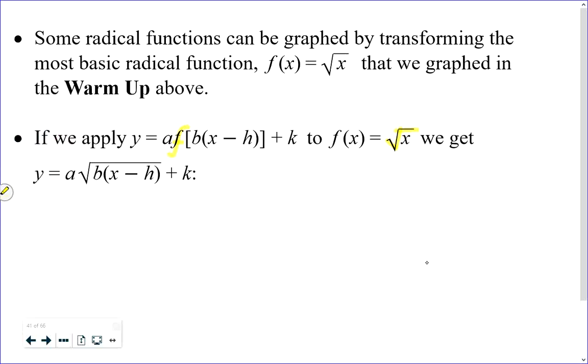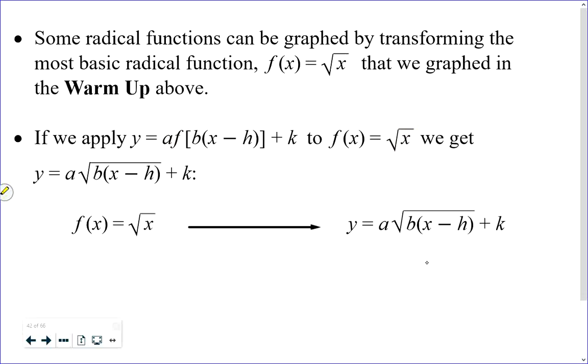The function is square rooting. So if I have f of b bracket x minus h, then I'm going to take the square root of b times x minus h. Then, of course, I have a in front and plus k at the end. So this is the transformation that happens. We could apply that same template to any function, but today we're looking at root x.